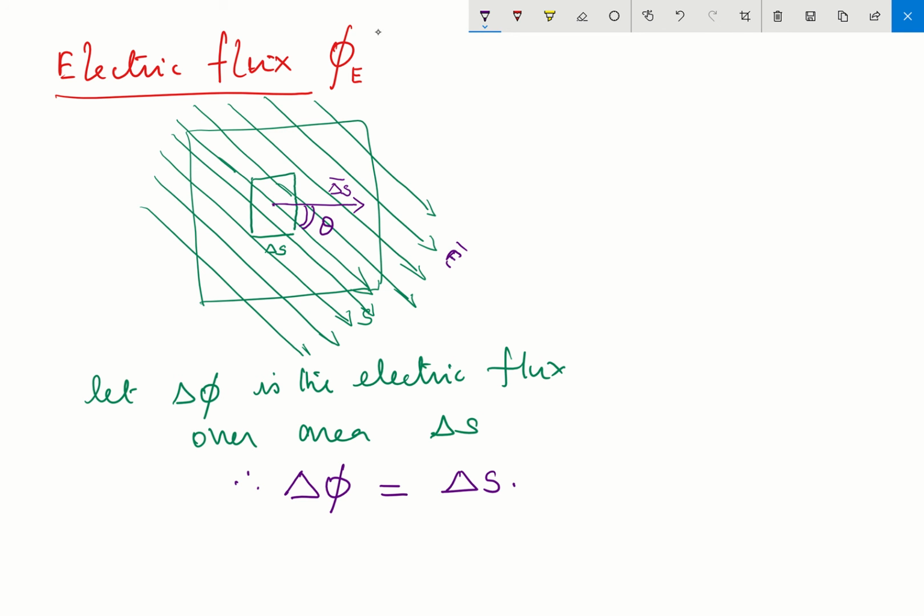This is the electric field direction, E. What is the component of the electric field in the direction of the area vector? It is E cos theta.